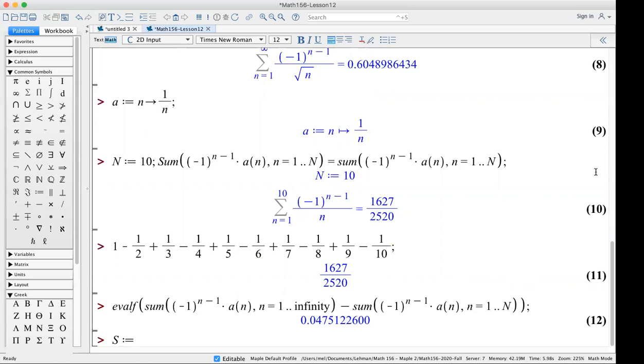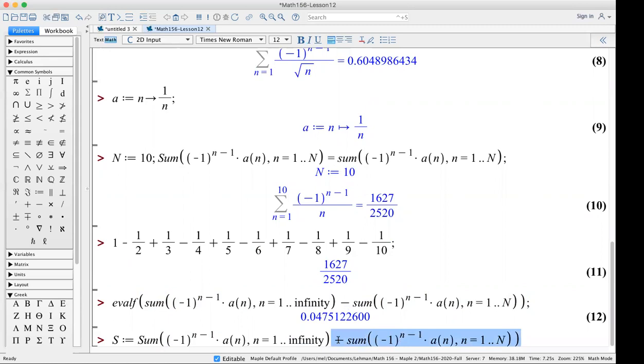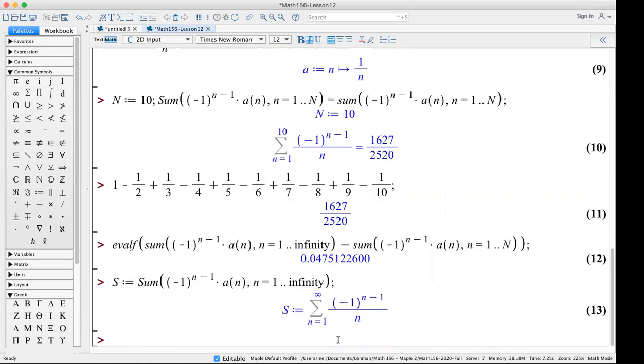Suppose we let S be the infinite series.